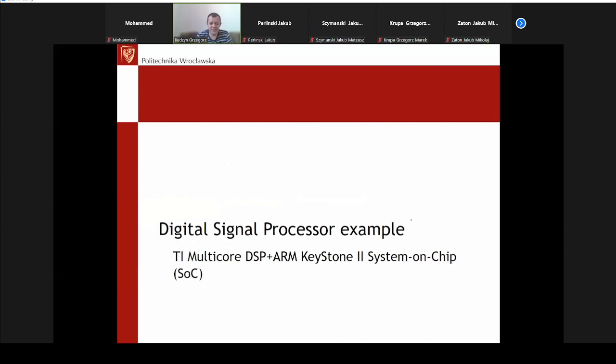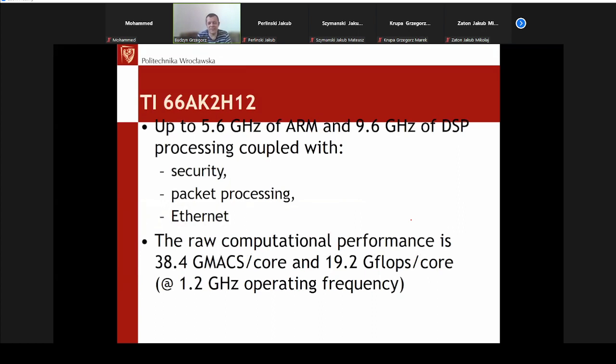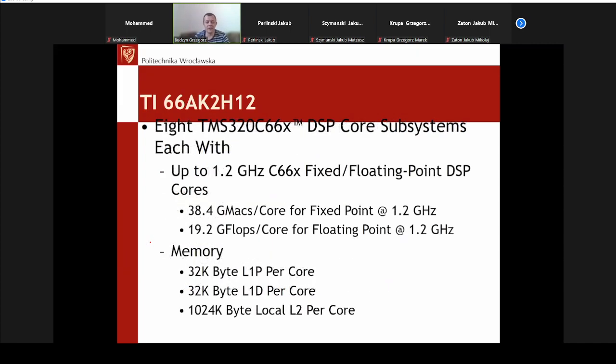Texas Instruments Keystone 2, a combination of a DSP and an ARM core, with 5.6 gigahertz processing of ARM and 9.6 gigahertz processing of DSP, with a raw computational performance of 38 gigamacs. So billions of multiply-accumulate instructions per core, and up to 19 billion floating point operations per core, which means how many filters can we do on such a single unit.